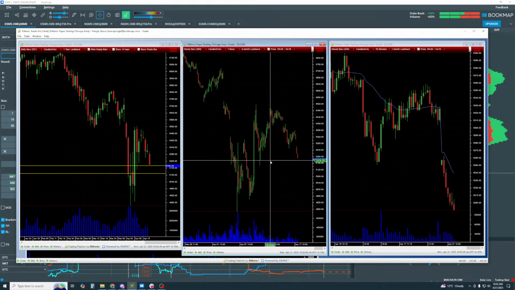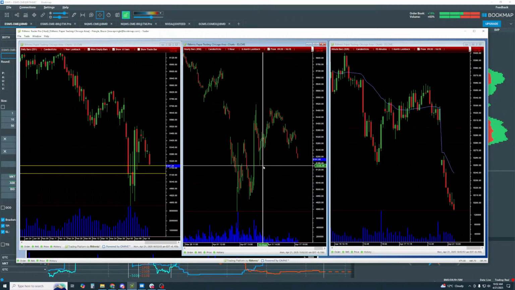We have a couple of swings in here on the hourly as well. This 80 level and this 50 level here. So another zone in here to keep an eye out for, between 80 and 50.